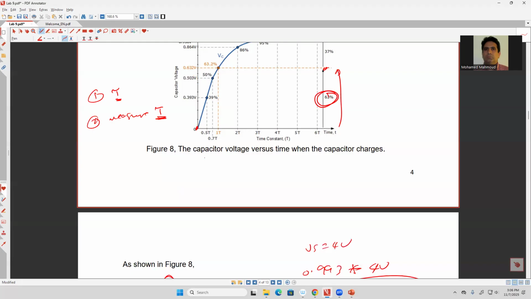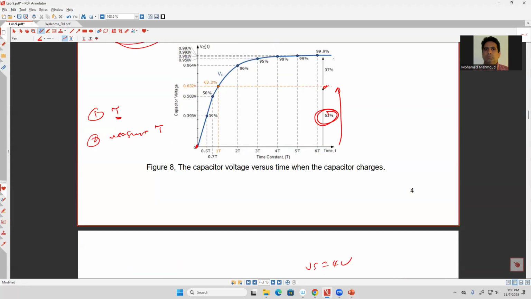All you have to see is how much time it needs for the capacitor to increase by 63%. If it is going to go up to 4 volts, then the voltage has to be 0.632 times 4. So all you have to do is calculate the time from 0 until the voltage reaches this value.